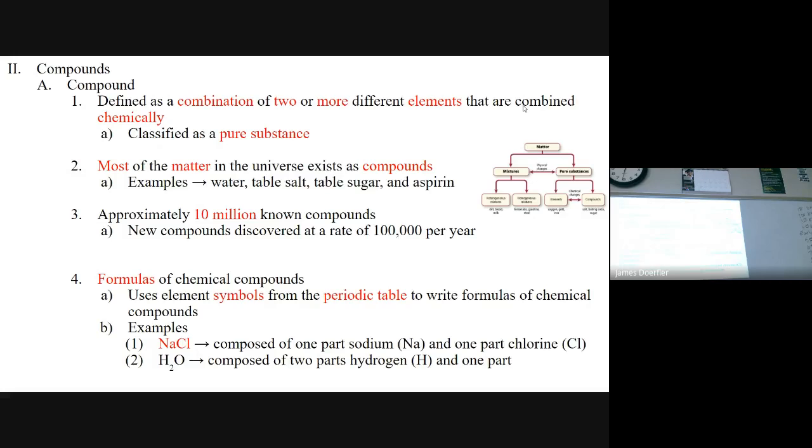So now that we've discussed single individual elements, we have to discuss compounds, because compounds are combinations of two or more different elements. And this is the key part, that are combined chemically. Compounds, however, are still classified as a pure substance.